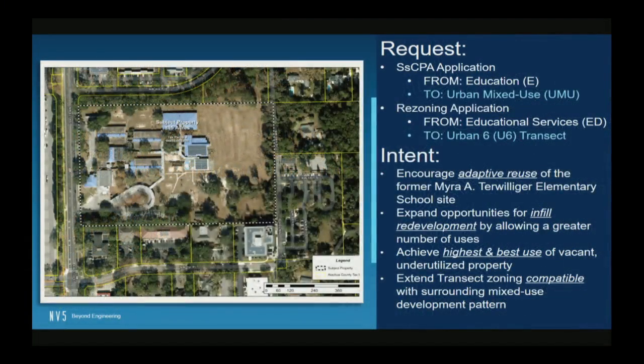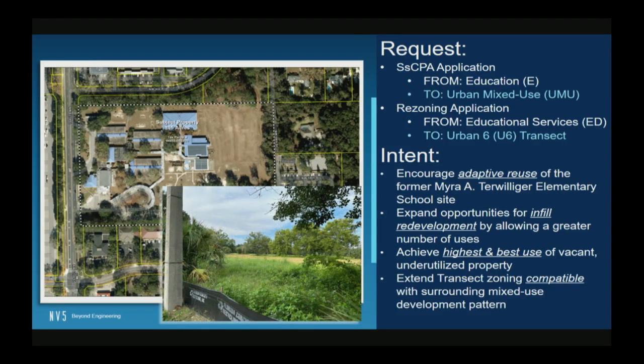So tonight we're here to request a small-scale land use change on the subject property, which is a former Myra A. Terwilliger Elementary School site. We're requesting a land use change from education to urban mixed use. In the companion rezoning application, we're requesting rezoning from educational services to the city's urban 6 or U6 transect zoning.